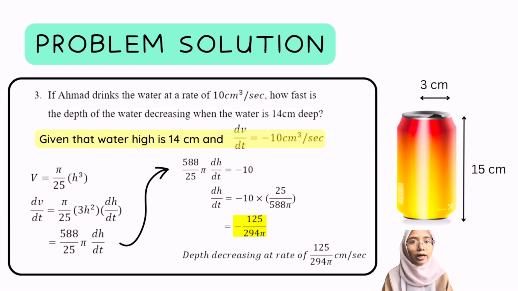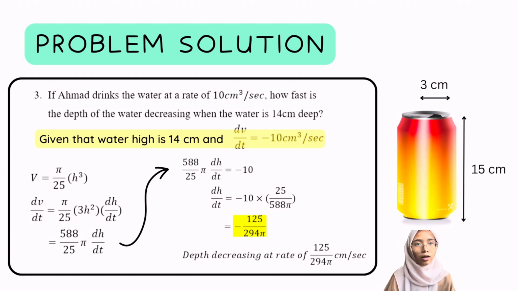So 588 over 25 pi times dh over dt is equal to negative 10. We make dh over dt the subject, and then negative 10 multiplied by 25 over 588 pi is equal to negative 125 over 294 pi.